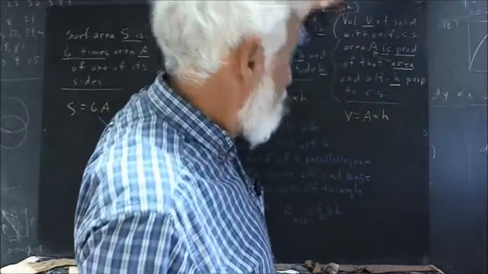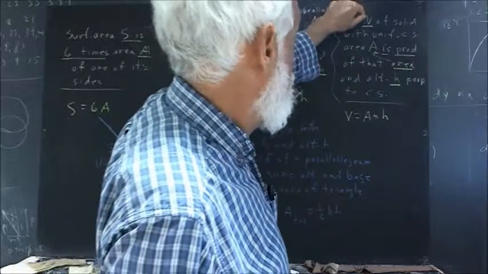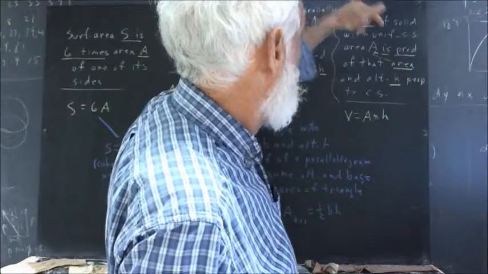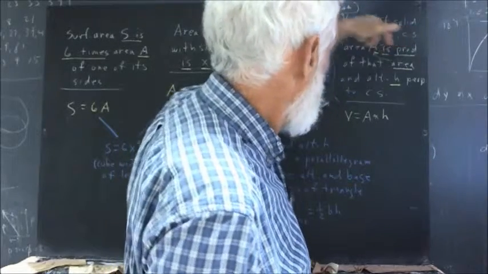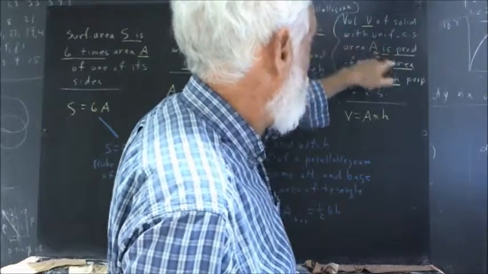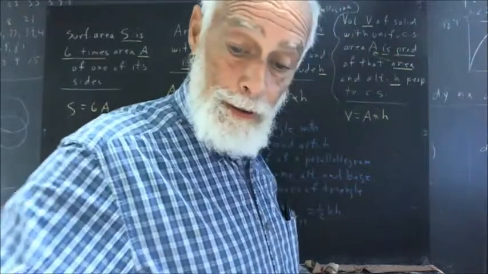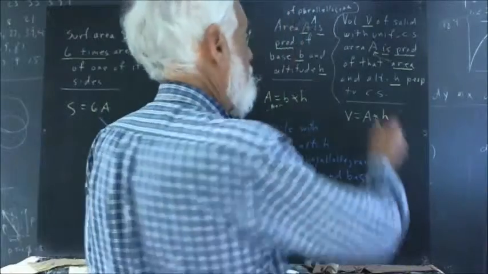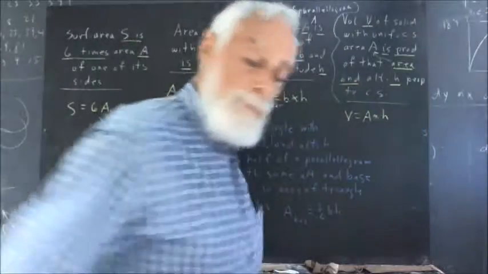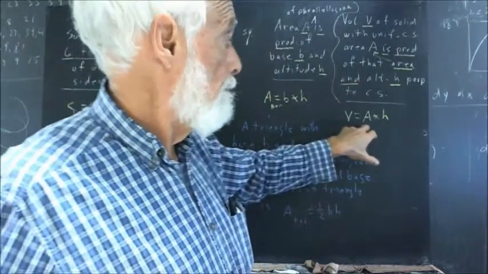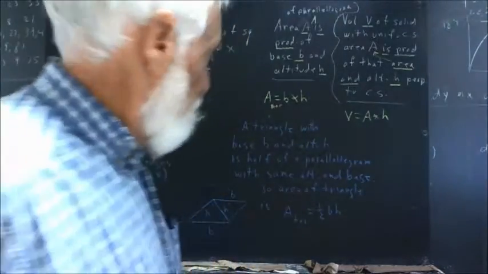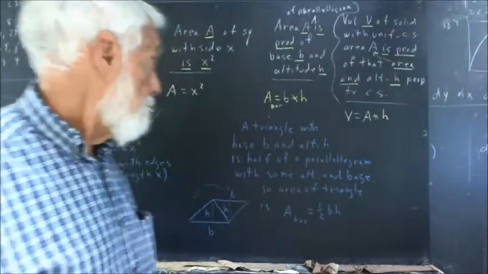So the formula is very simple. V is the product of the area, and the area is A, and H. Take out that much of the statement, and you get V equals A times H. We'll apply that in a later question.